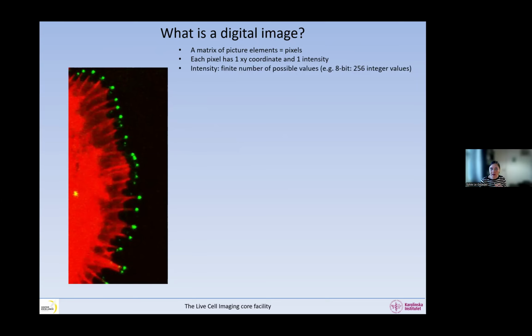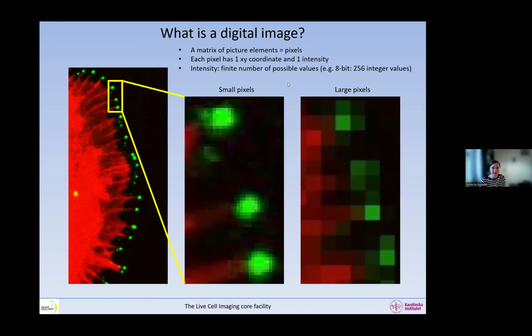There is always a finite number of possible values, and these are always integers. So you cannot have an intensity of 2.3. If you have an 8-bit image, and we will talk about bit depths next week, you can only have intensities between 0 and 255. So we have 256 integer values. This is what the intensity is.